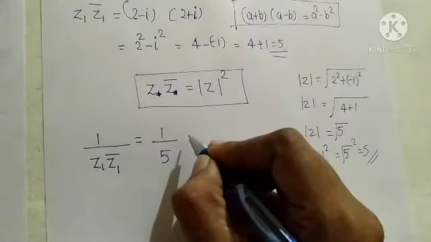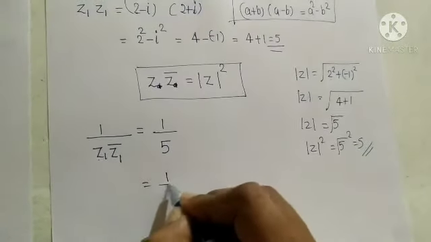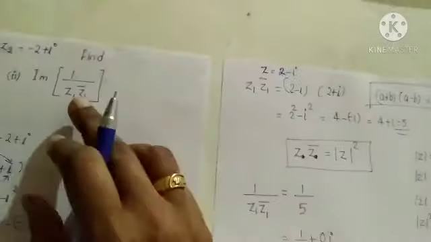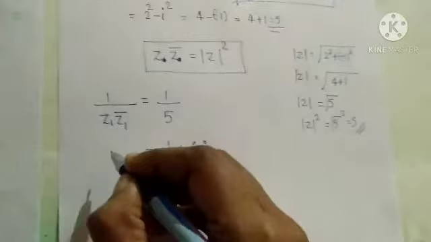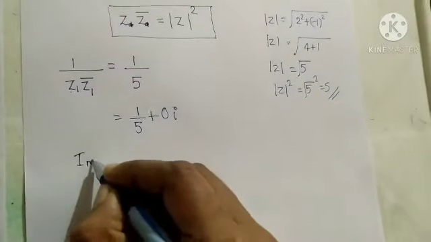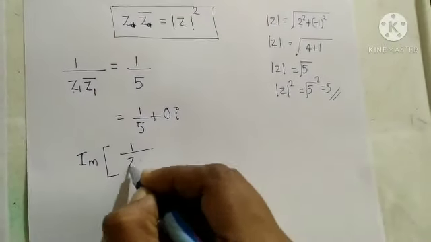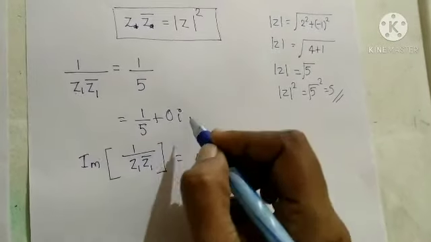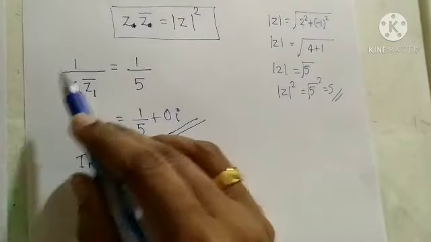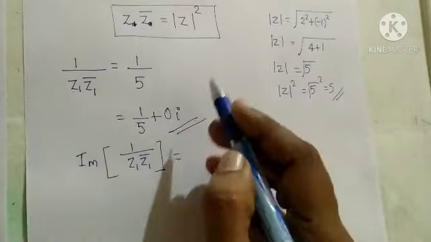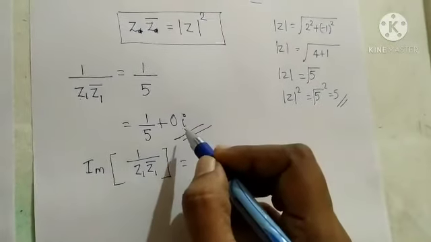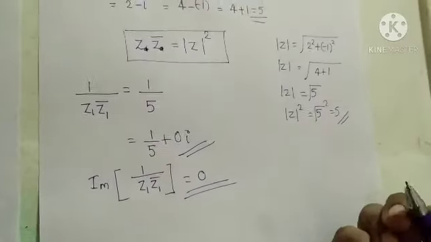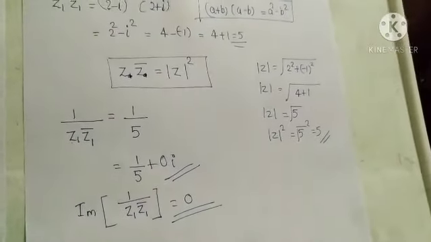So this can be also written in standard form as 1 by 5 plus 0i. Our question, we need to find out imaginary part of 1 divided by z1 into z1 bar. So if you observe our answer, imaginary part is 0, right? So the value is 0. Okay. I hope you understood this question.